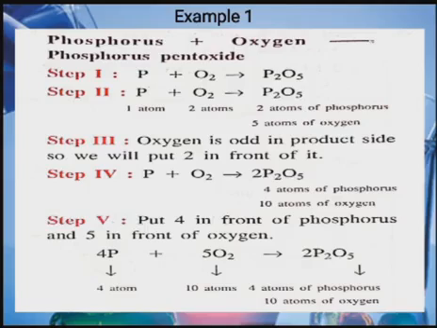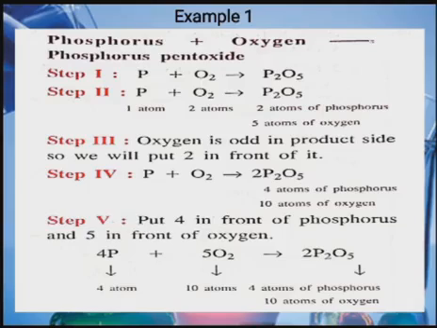The first step is to write this equation in molecular form, that is, using symbols. Phosphorus is written as P, oxygen as O2, and phosphorus pentoxide as P2O5.